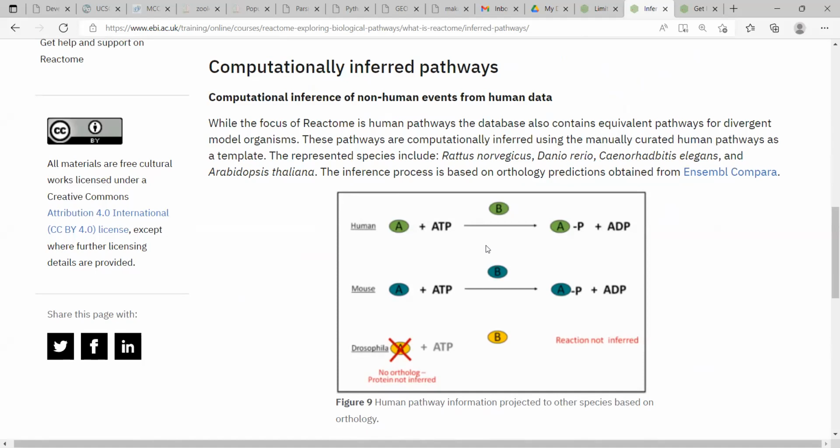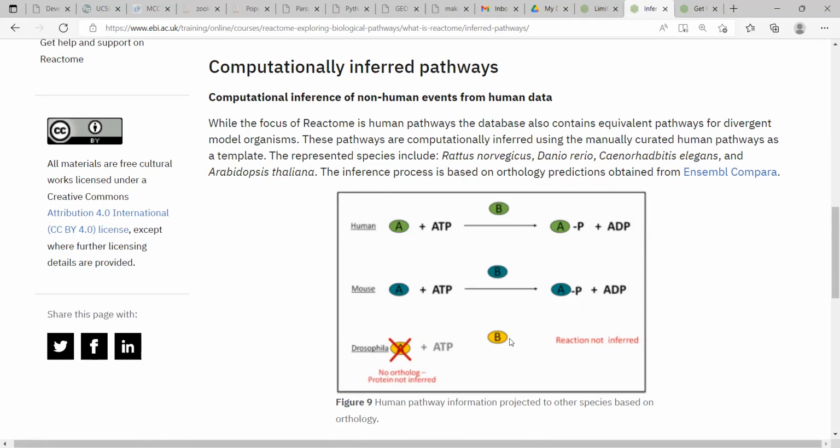a computer can be used for the same purpose, and here you can see three different reactions shown, one for human, one for mouse, and one for Drosophila. And the same reaction is going on: A plus ATP, which is catalyzed by B and is forming AP plus ADP. So the same reaction is going on in mouse and the same reaction is going on in Drosophila.